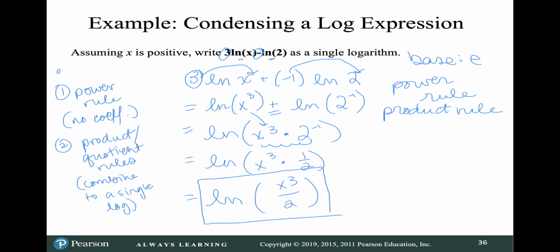And I guess step 0 would be check bases. Okay, and then we can condense this into a single logarithm. So it's the opposite of when we were expanding. When we were expanding, we factored in order to get to use the product rule, and then once we had the product rule, we factored out the powers.